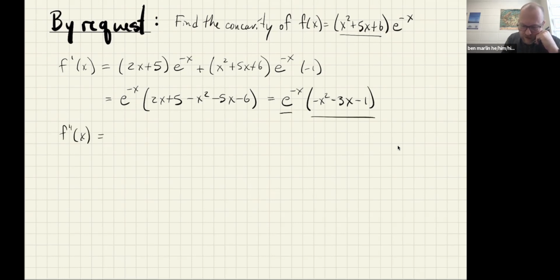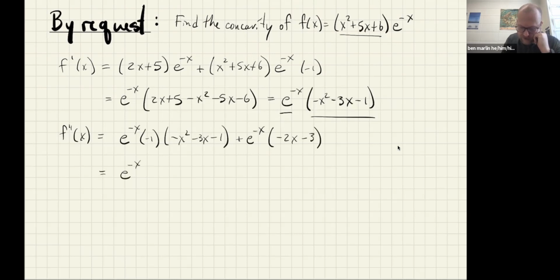We'll take the derivative of the first one, so you get e to the minus x times -1, and you leave the minus x squared minus 3x minus 1 alone, plus, now we'll leave the e to the minus x alone, take the derivative of the polynomial, and you get minus 2x minus 3, okay?